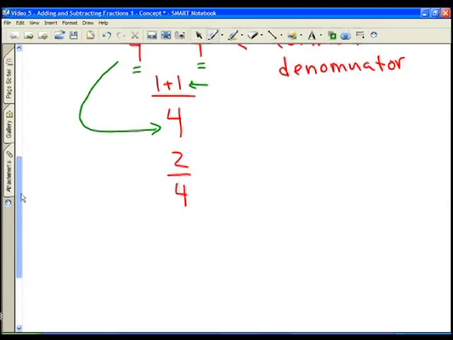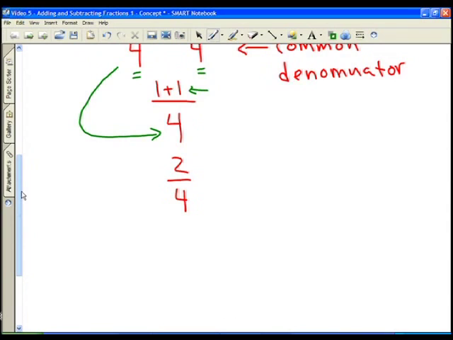And at the same time as we add and subtract the fractions, we should also talk about reducing the fractions. This fraction is not in its lowest form. The reason is that 2/4 can be reduced. If you can divide the numerator and the denominator by a common number, then we can reduce these fractions.